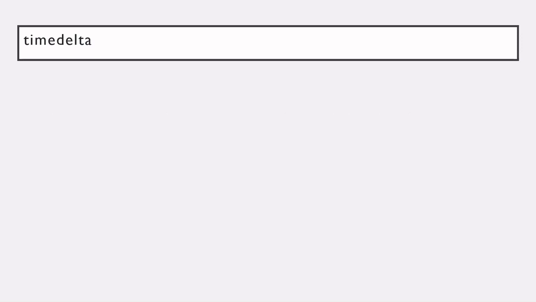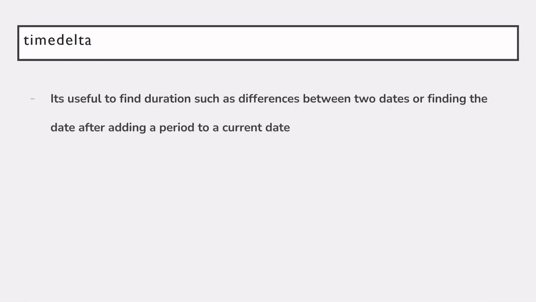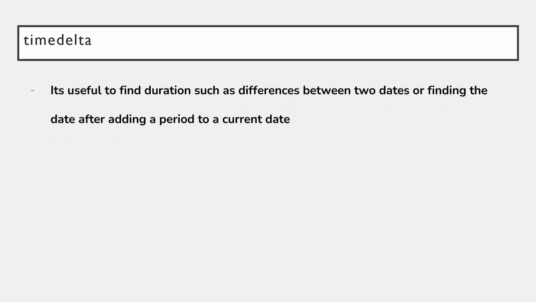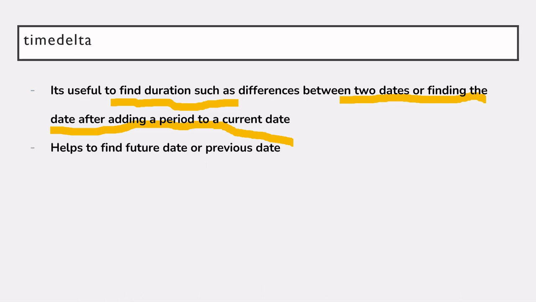The next function is timedelta. This timedelta is useful to find duration, such as differences between two dates or finding the date after adding a period to a current date. We can find out the future date or previous date by using this timedelta function.